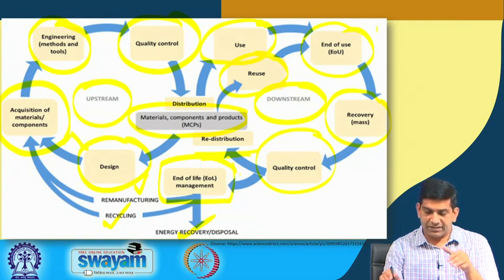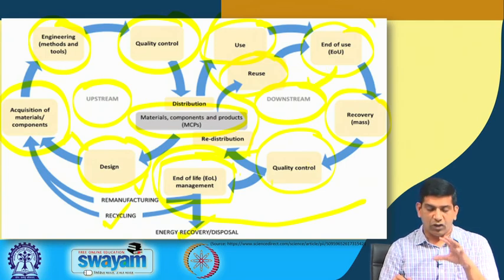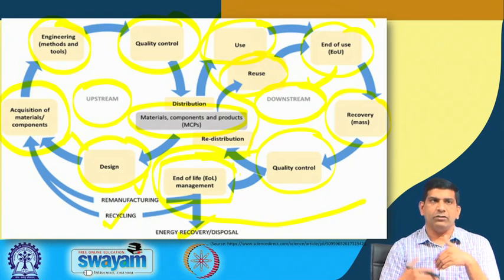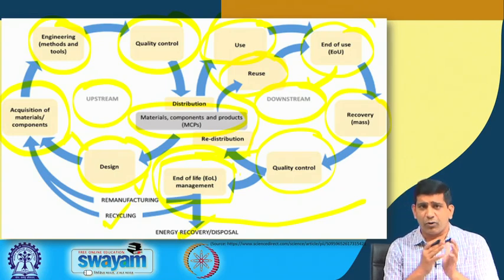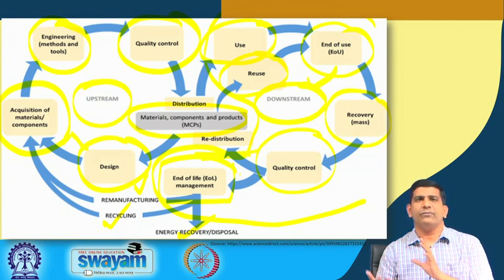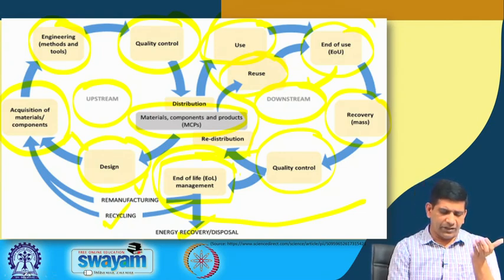So, this part is our downstream part. Upstream is acquiring material, using the design, and coming up with a new product. Once the product is in use, at end of life, and the things associated with end of life, that becomes our downstream.